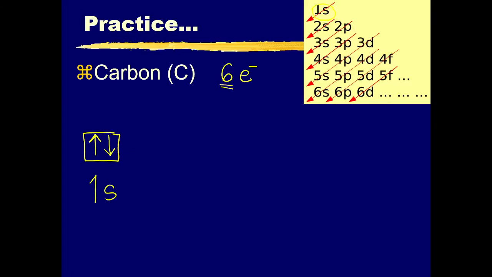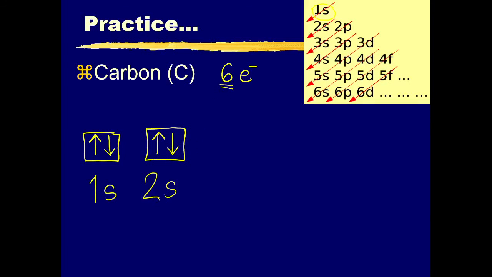So I will move further to what comes after 1s, which is 2s. Let's draw 1 box because it's an s subshell. Let's fill it up. Going up, going down. How many electrons are there in our orbital diagram? 4. So we're still lacking because we need to have 6.